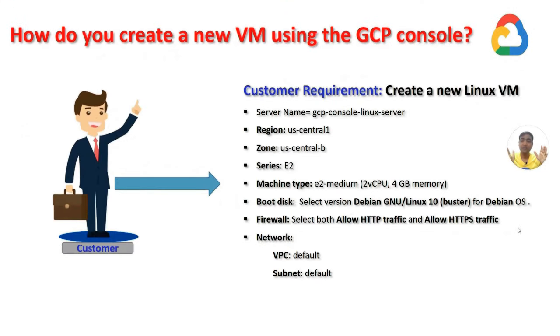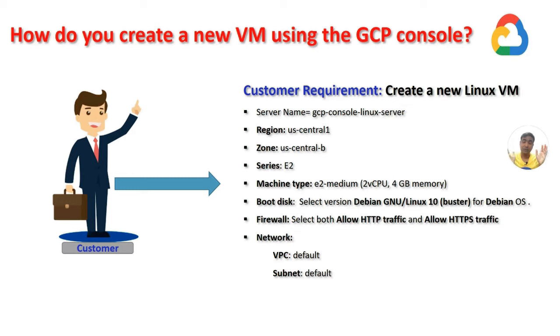Guys, let's consider one example of a customer or client requirement to create a new virtual machine in Google Cloud Platform. As you can see here, the customer requirement is to create a new Linux server named GCP console Linux server. Select the region US Central and zone US Central 1B, select the machine series E2 and machine type E2 medium, select the operating system Debian, and the boot disk type.